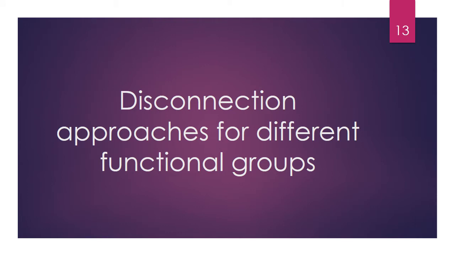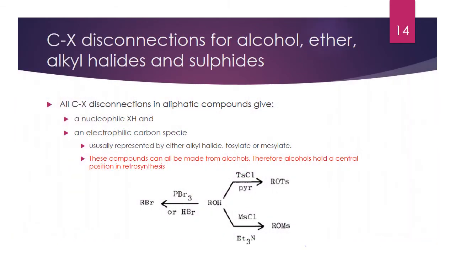Okay, so we are going to discuss now different synthetic approaches, disconnection approaches for different functional groups, one by one for ease. Here we are going to discuss the disconnections for alcohol, ether, alkyl halide, and sulfides.